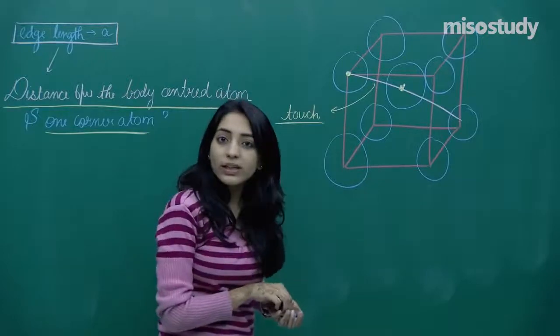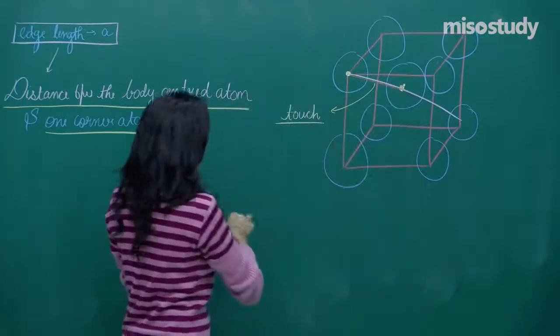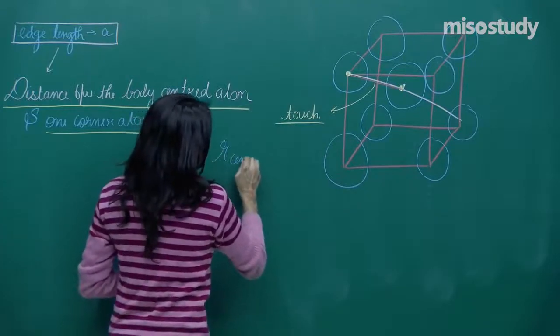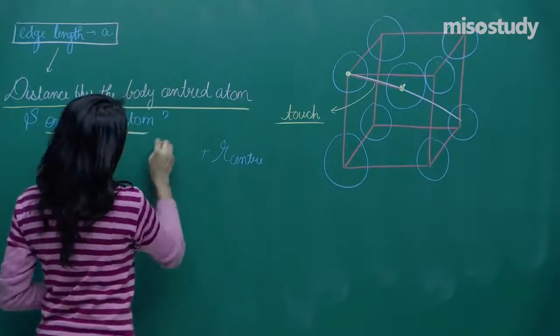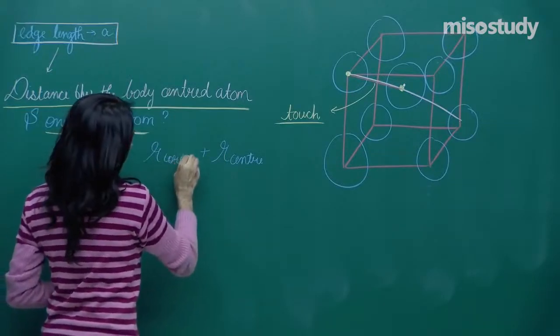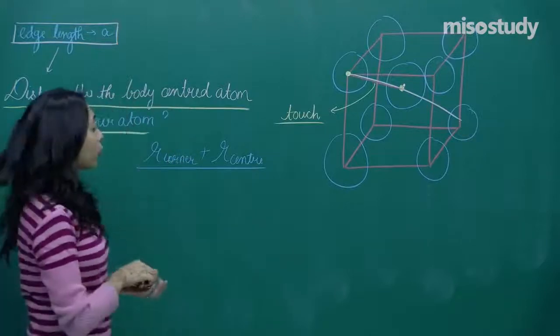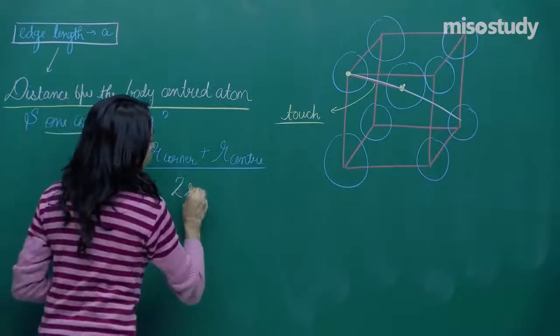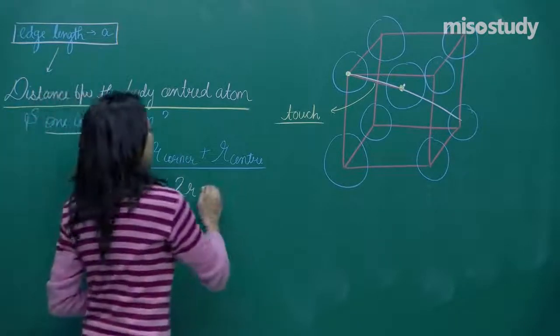So when they are touching each other, then don't you think the distance between them is nothing but the radius of the body center atom plus the radius of the corner atom? But both of them are the same, right? And if both of them are the same, this will be equal to 2r. So we need to calculate the value of 2r. That's the question.